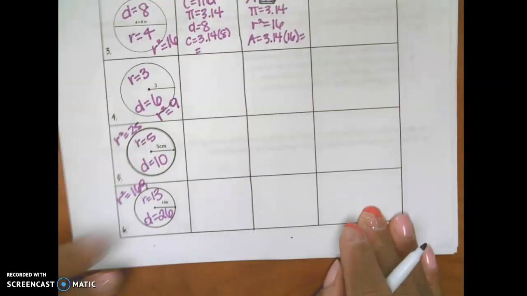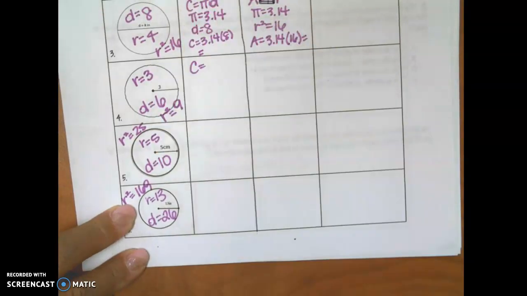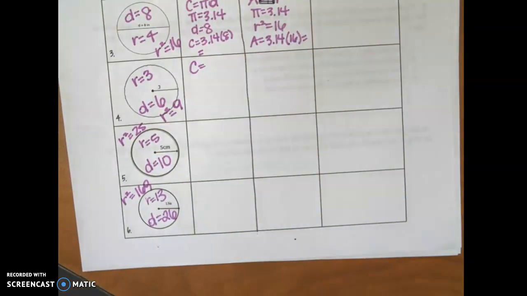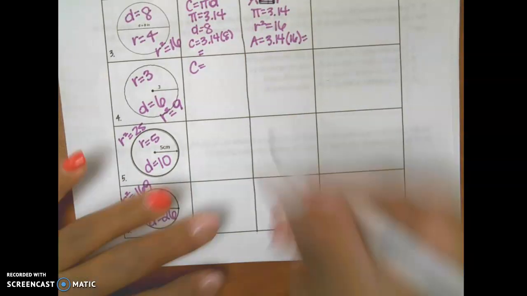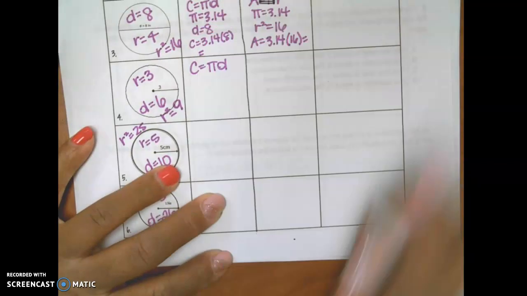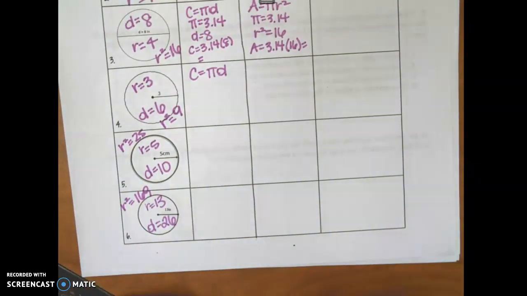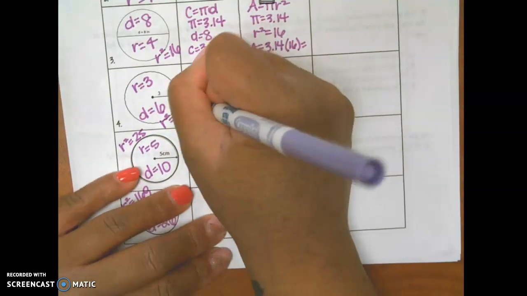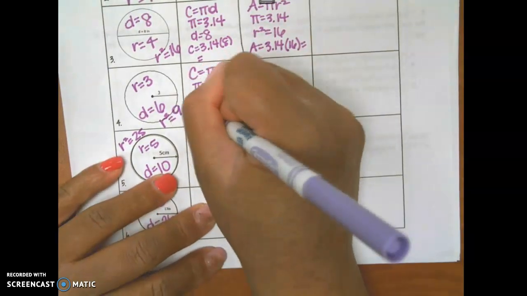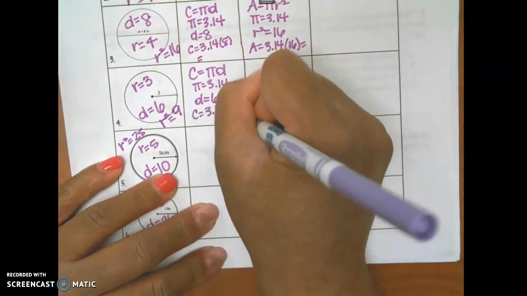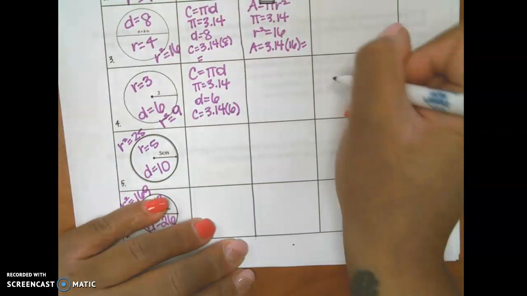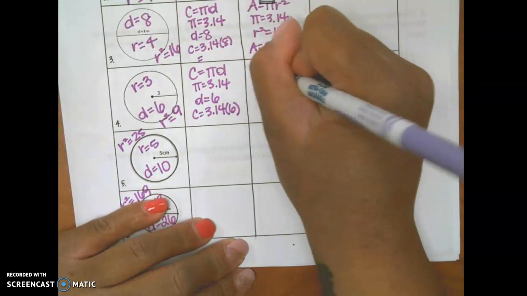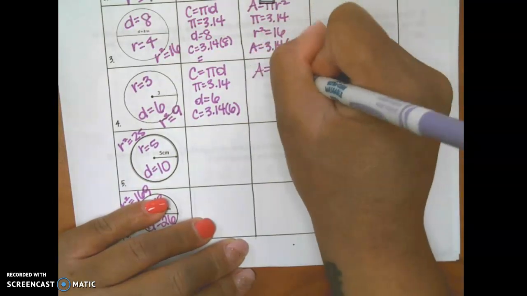For number 4, circumference. C equals pi times diameter. Now what? Pi is 3.14. What else? Good. What else? 3.14 times 6. Area. A equals pi radius squared.